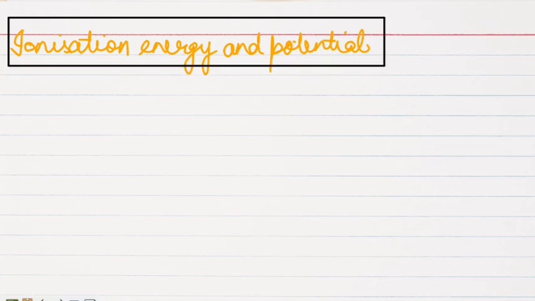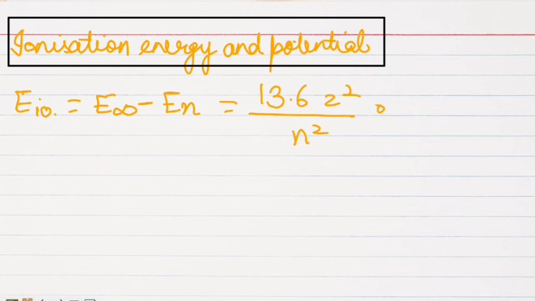We know that ionization energy will be equal to the energy at infinity minus the energy at the nth subshell, because this will give the ionization energy, means the energy required to remove the electron from its orbit, and the value comes out to be 13.6 z square upon n square electron volt. We also see that this ionization energy is equal to kinetic energy itself, because the value of kinetic energy is the same as ionization energy.